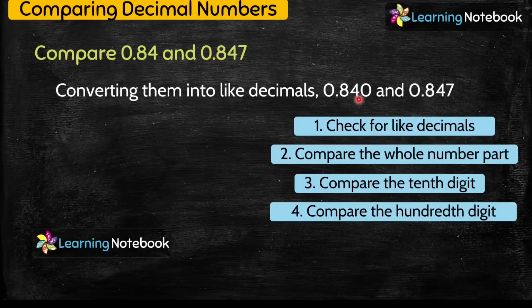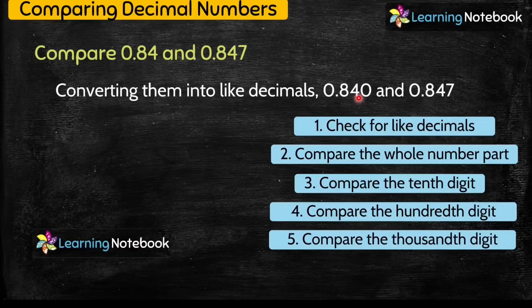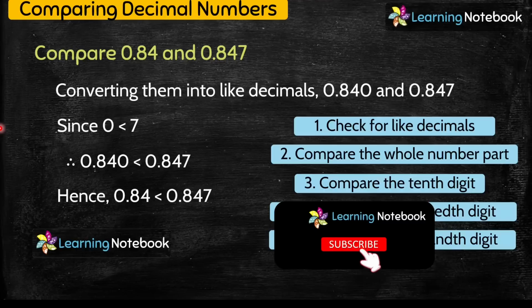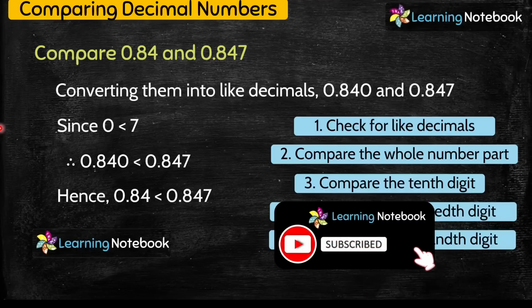But students, again we can see that both the decimal numbers have same hundredth digit. So we have to move to step 5, where we will compare their thousandth digit. Now we can see that 0 is less than 7. Therefore, 0.840 is less than 0.847.